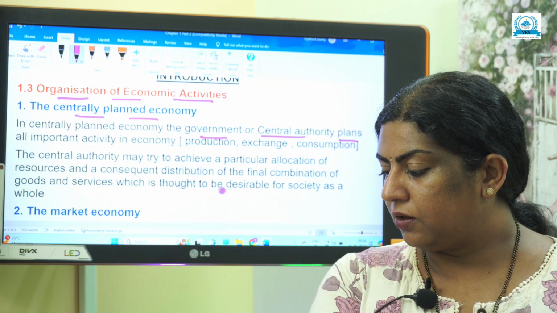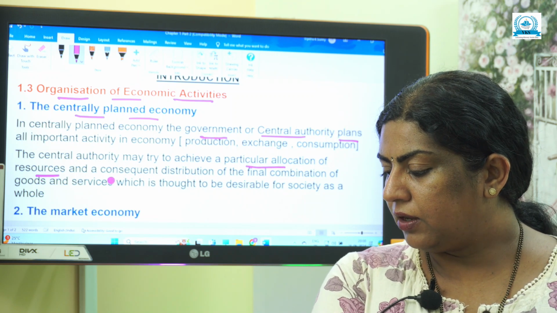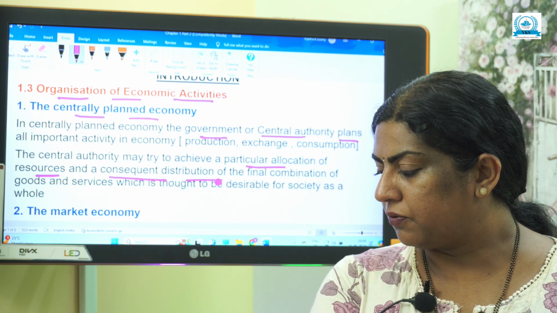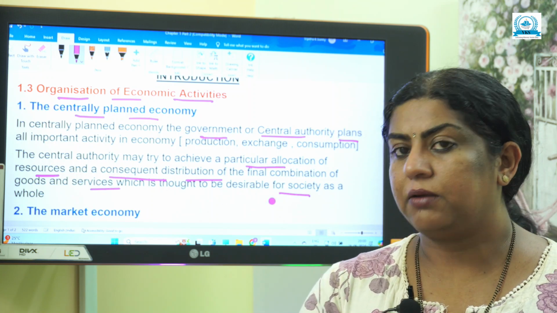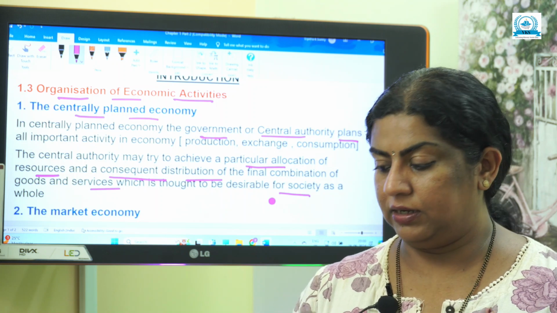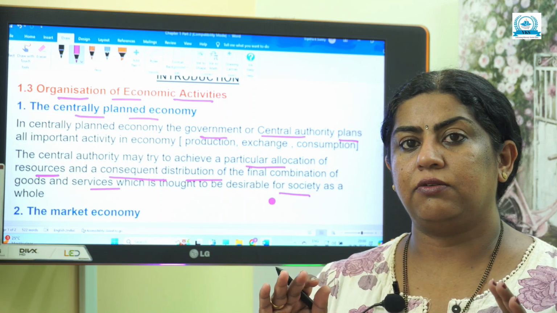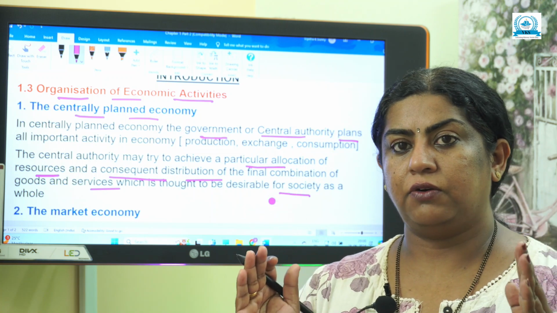The central authority may try to achieve a particular allocation of resources and a consequent distribution of the final combination of goods and services which is thought to be desirable for the society. So they will have a particular amount of resources.